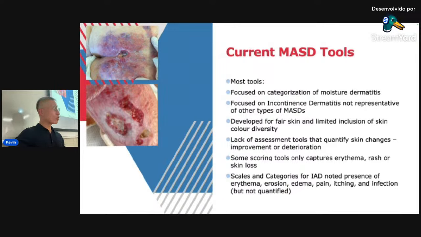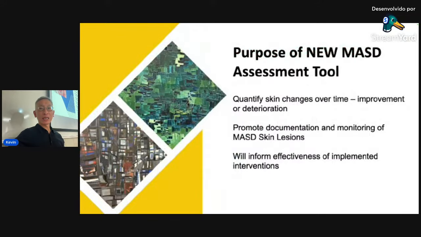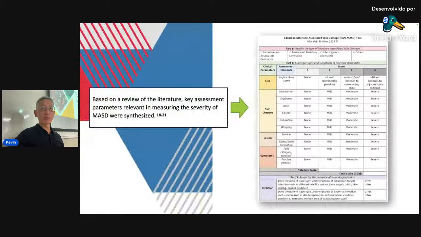Based on the literature, we created a few metrics to include in the MASD tool. To describe the process, we looked at all the literature and tried to be as comprehensive as possible. This is what we came up with in terms of the tool.